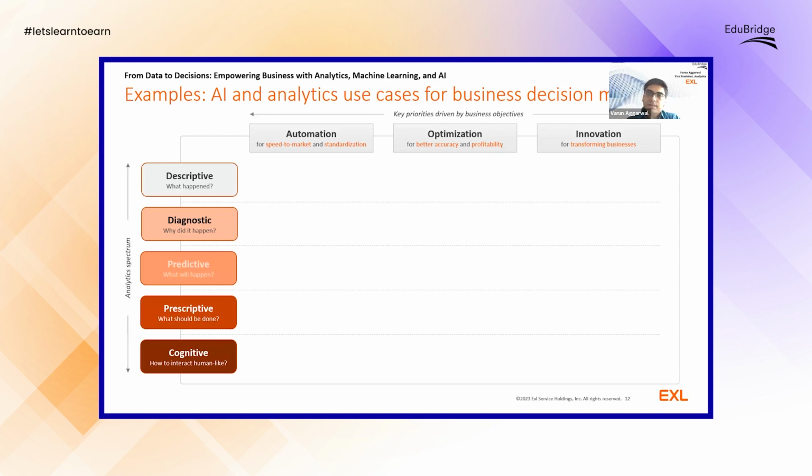So for transforming the businesses, innovation is extremely, extremely important. And for that reason, there are certain initiatives that are taken by, I would say, successful businesses. They invest and they make sure that those new technologies are adopted for better customer experience and profitability.